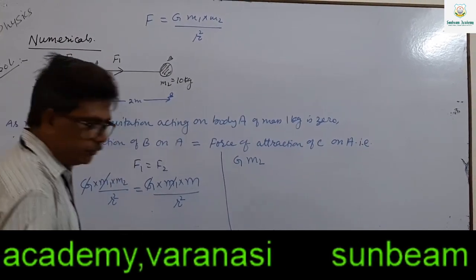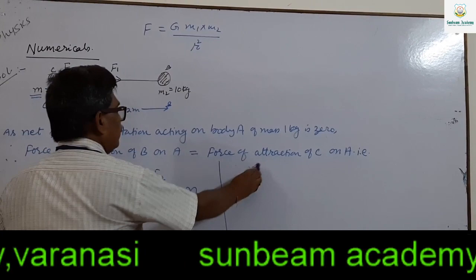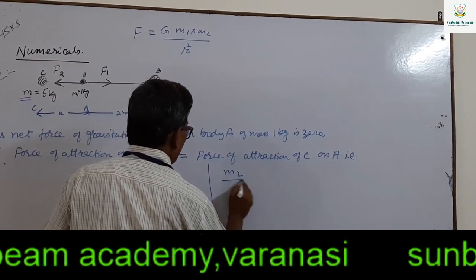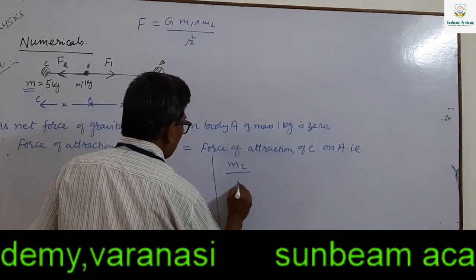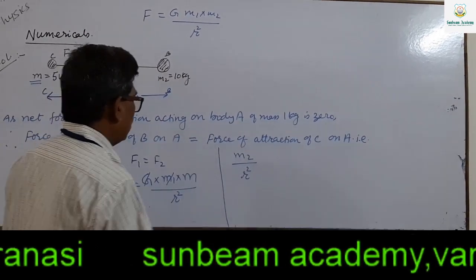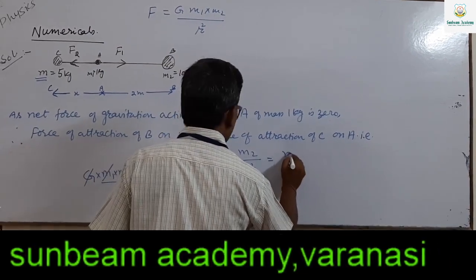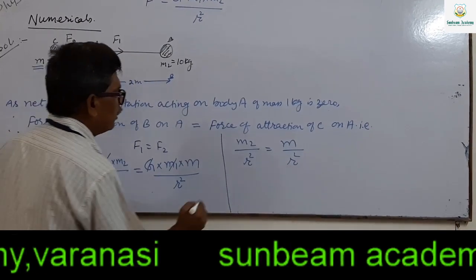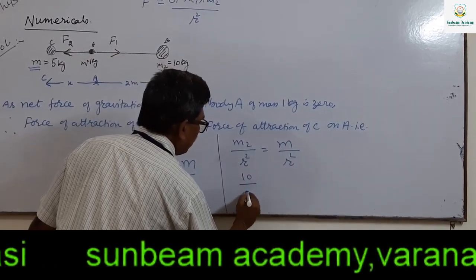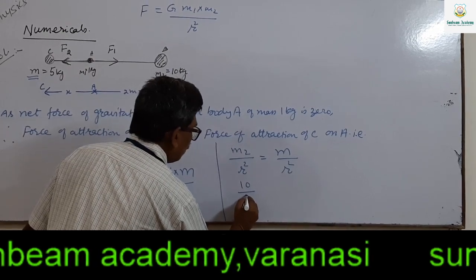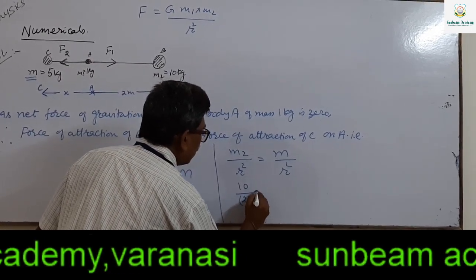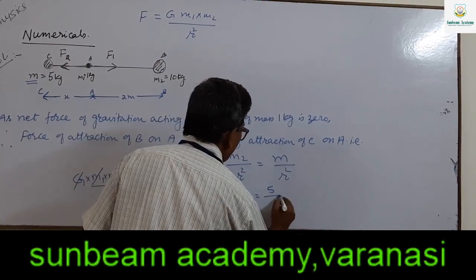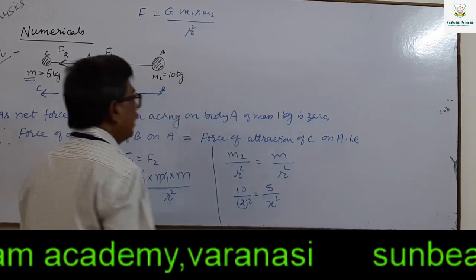Then it will become m2 upon r square, and here m upon r square. m2 is here 10 upon 2 whole square, that is equal to m is 5 upon x square.